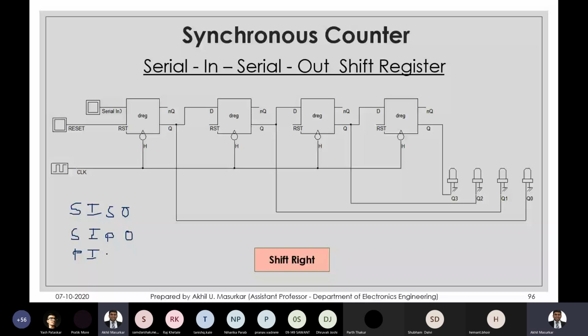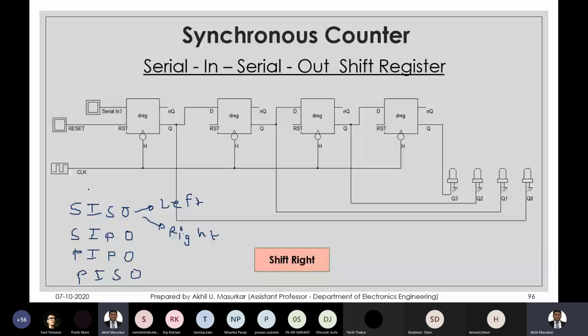Then we have parallel in, parallel out, and then we have parallel in, serial out. Shift in, shift out can have left shift and right shift. It can have left shift or right shift. That means you can shift the data from one side to another.